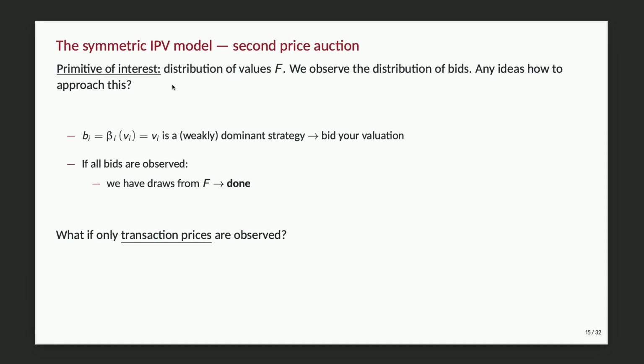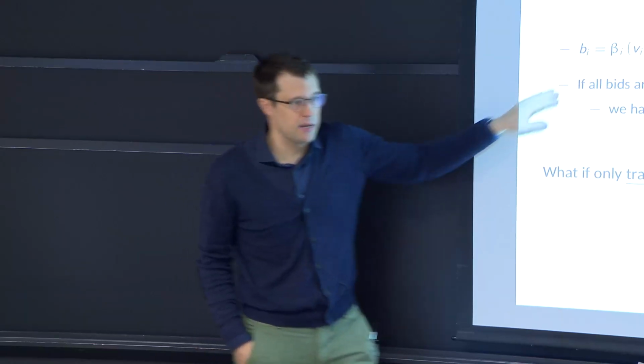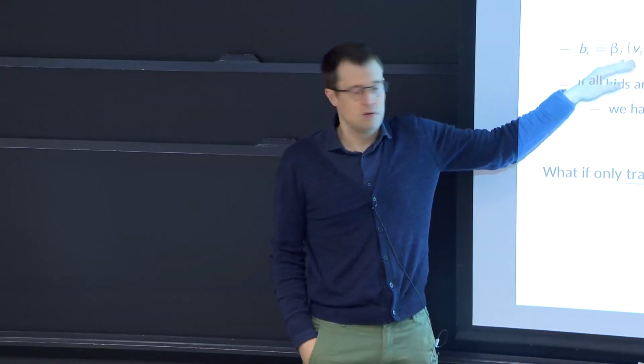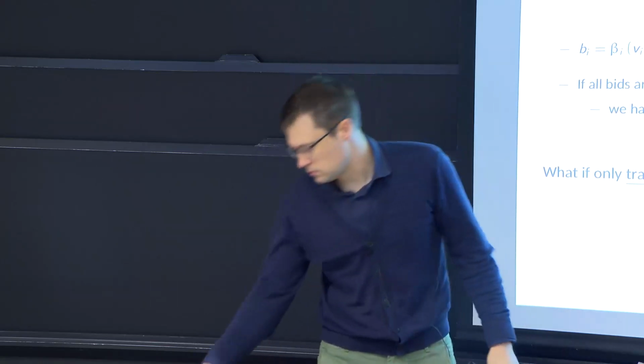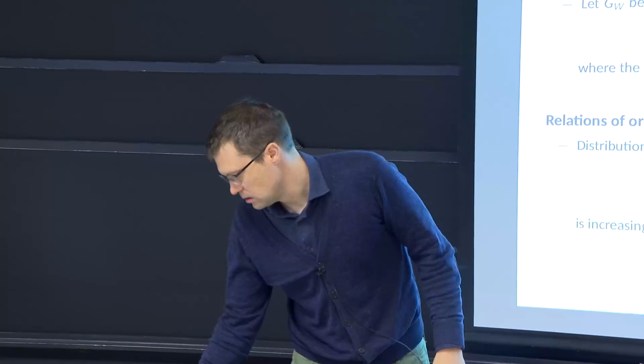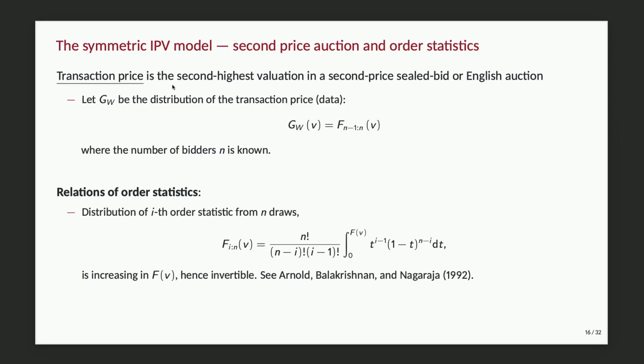What, however, if only transaction prices are observed? Now I can't do this. I can't directly express the unknown thing, my V, in terms of the known thing, B. Here the following result comes in handy. First, as you know, the winning bid, the transaction price, is given by the second highest valuation. So what I do observe is the second highest order statistic.